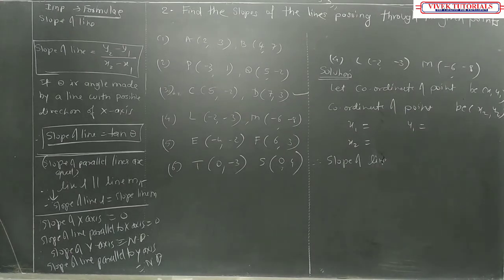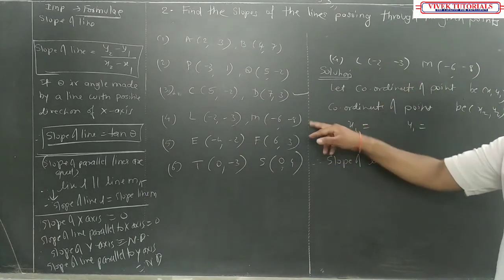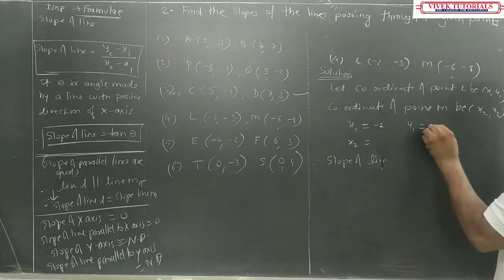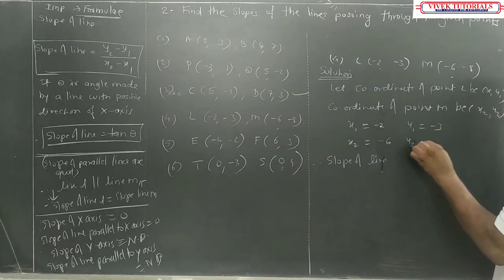Now, fourth question: L is (-2, -3) and M is (-6, -8). The coordinates of point L are (x1, y1), and the coordinates of point M are (x2, y2). x1 is -2, y1 is -3, x2 is -6, and y2 is -8.